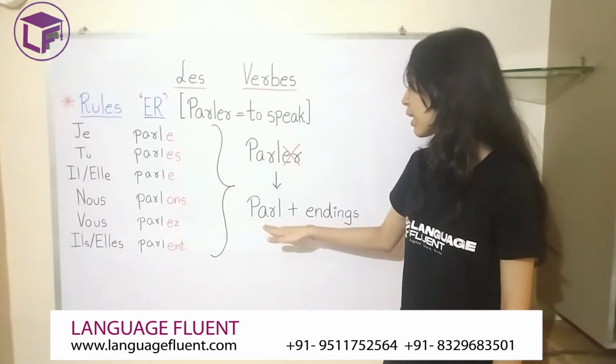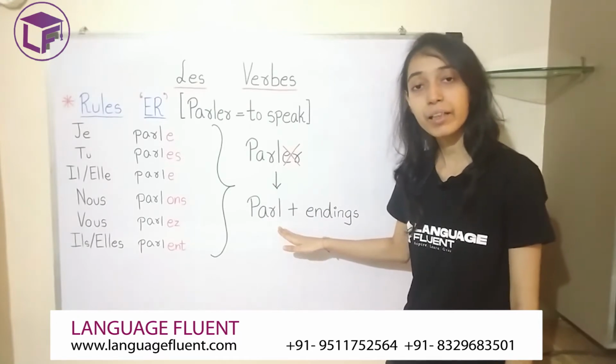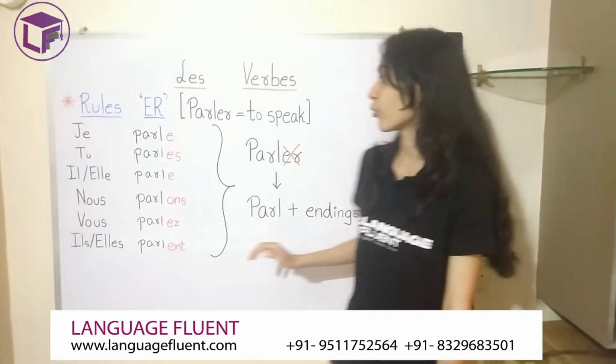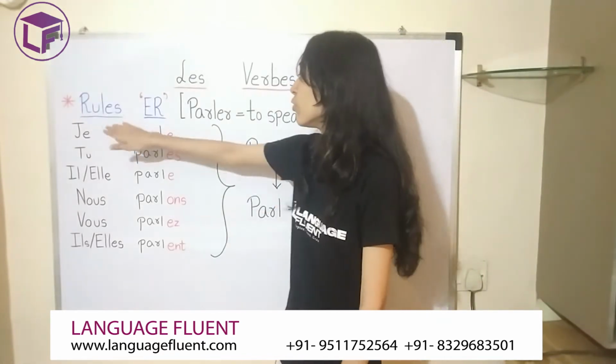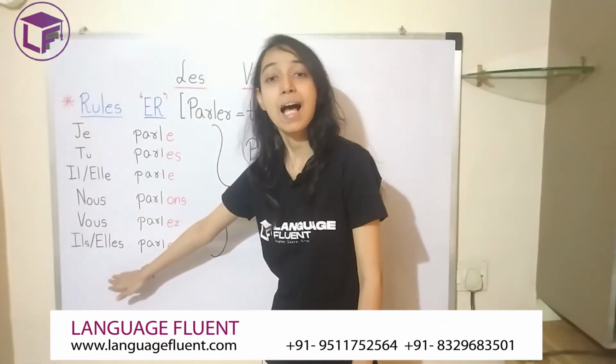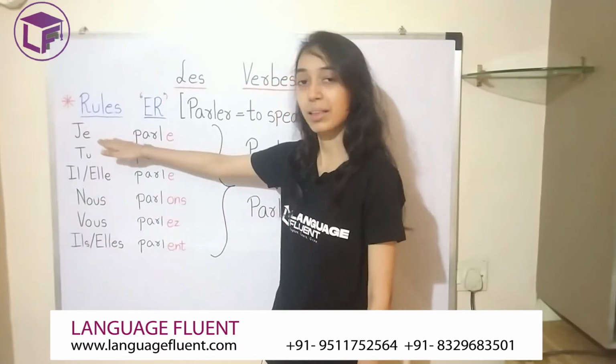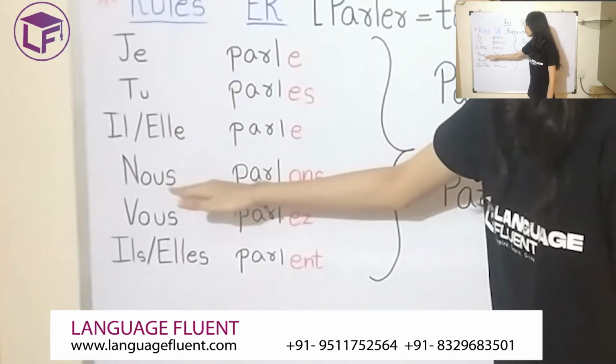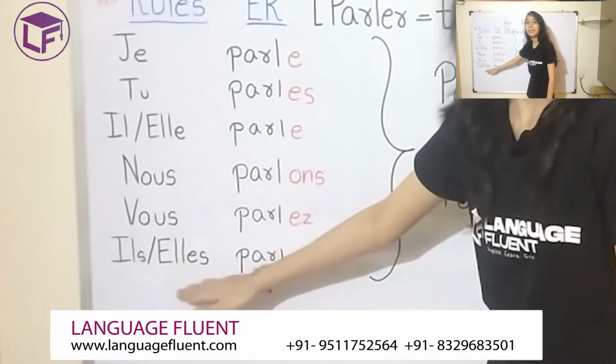So we write PARL, and at the end we add endings to this word. Now let's look how it works. We write subject pronouns as it is. Subject pronouns are je, tu, il, nous, vous, il.